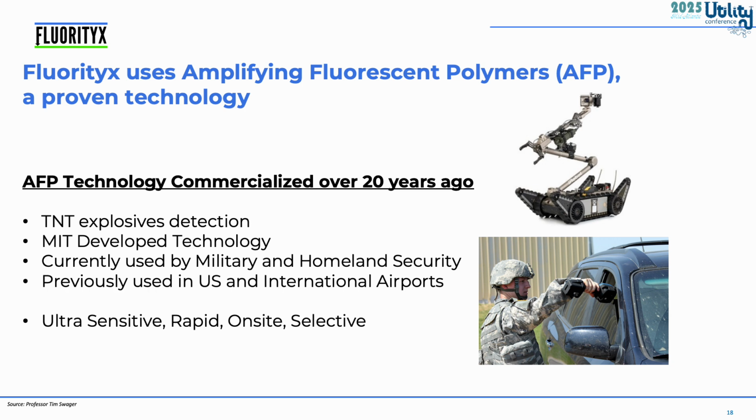The original use was for detecting explosives; it came out of MIT and is used today. And what's amazing about this technology is you can put it on a robot, you can put it on a handheld device, and it meets that sweet spot right in the middle. It's ultra sensitive, it is rapid, it is definitely on site, and very selective.